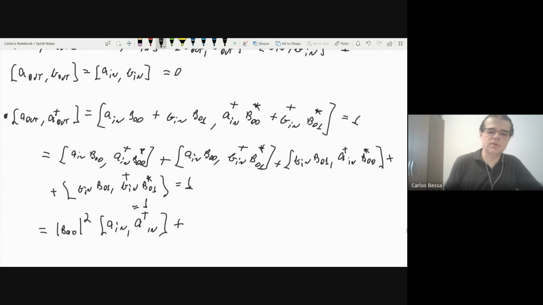Plus the same here, this component B00, B01 conjugate, A in, B in dagger. They are independent, so this is 0.